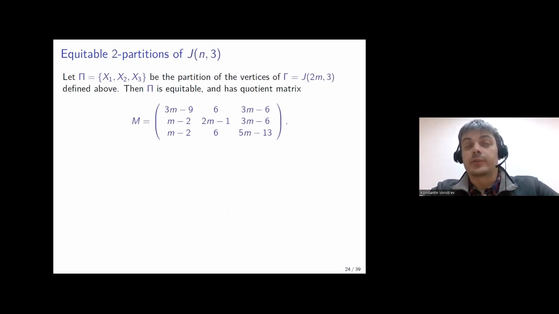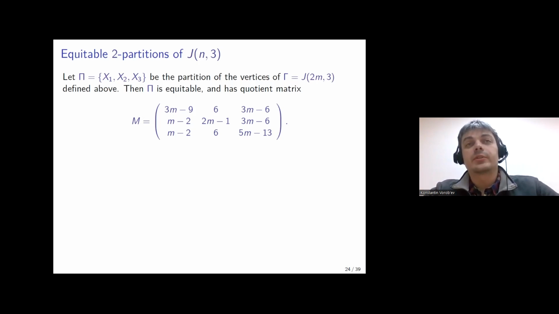So it is a 3-partition, but let us look at this matrix, for example, at the last column. In the last column, we have 2 values that are equal to each other, namely 3m minus 6. It means that if we merge the first and the second cells into one, then we will again have an equitable 2-partition.